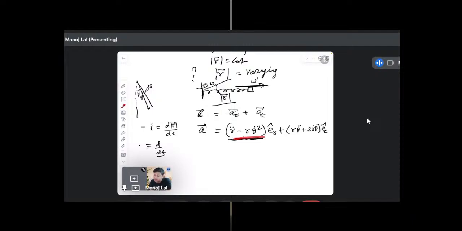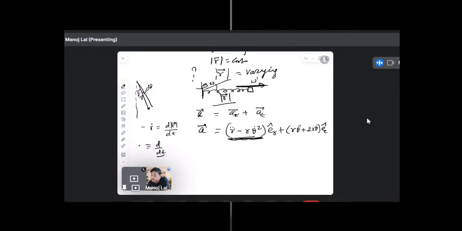This acceleration is for the bead, along the rod, and along the rod there is no friction, so there is no acceleration; this value does not come into the picture here.